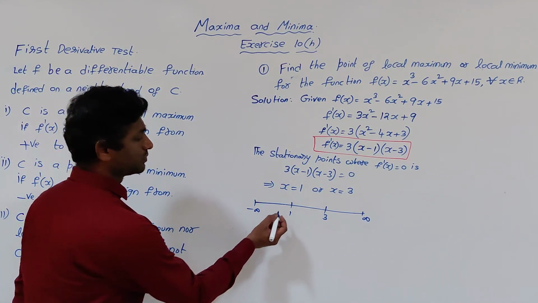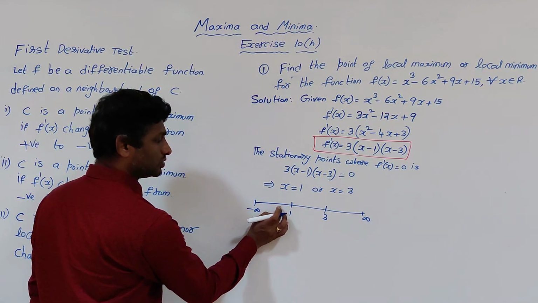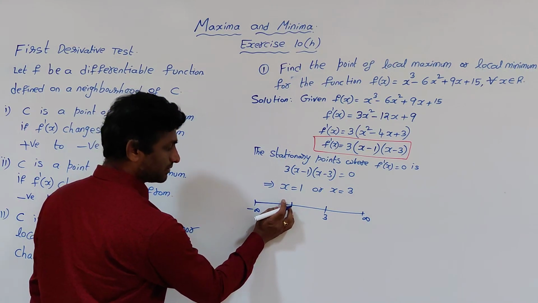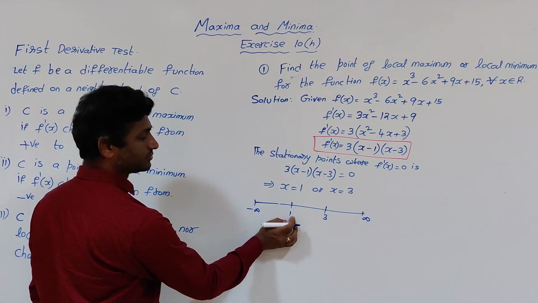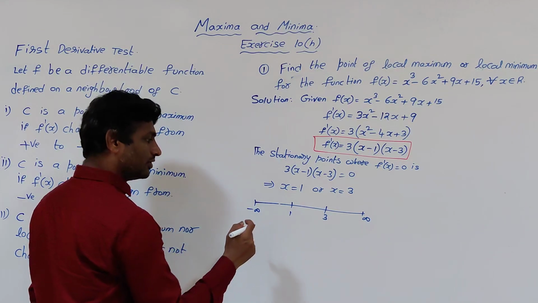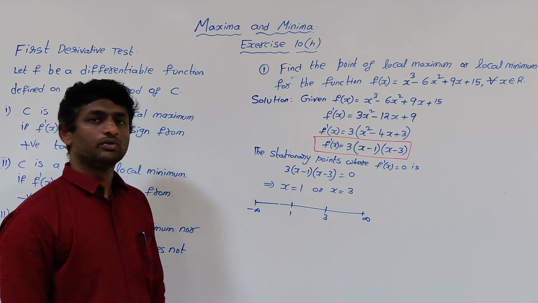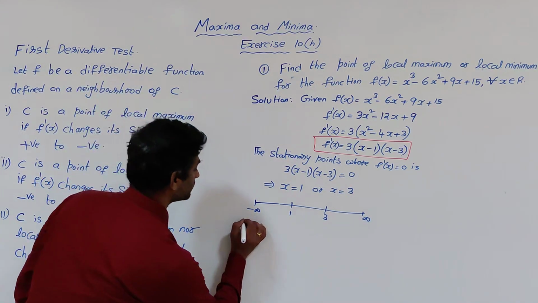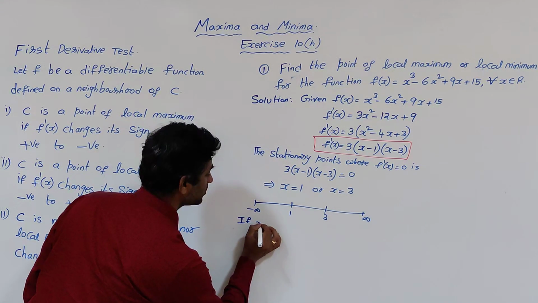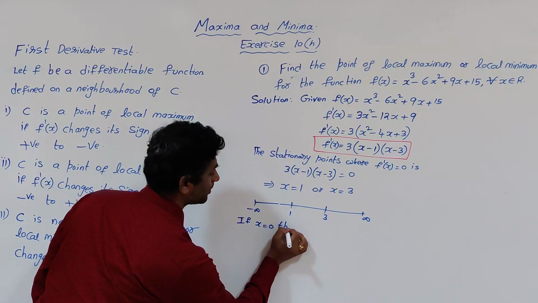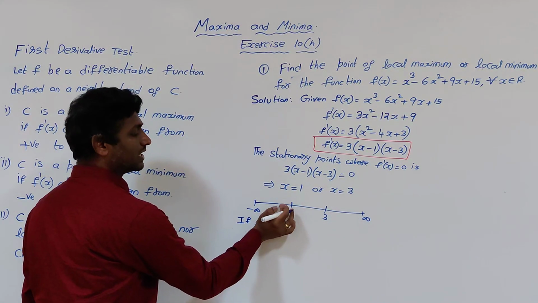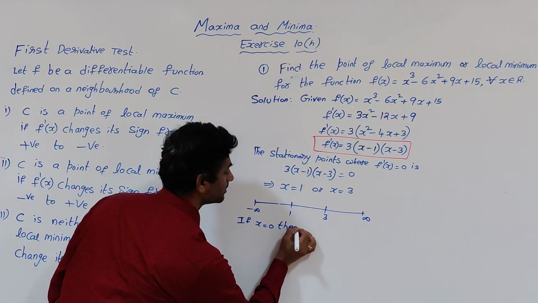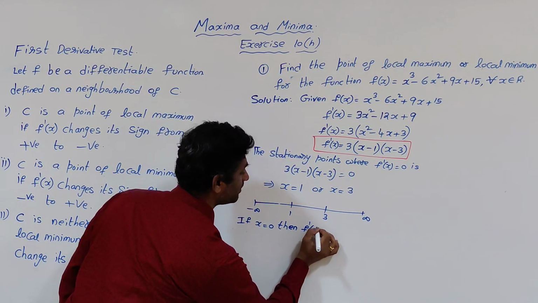Now choose a point in the neighborhood of 1, and we have to find out the signs of f dash of x. Now, if x is equal to 0, because 0 is a number which is on the left side of 1, then f dash of 0 will be what?